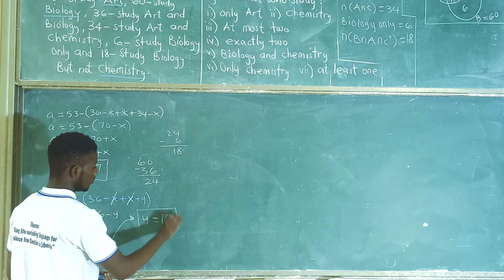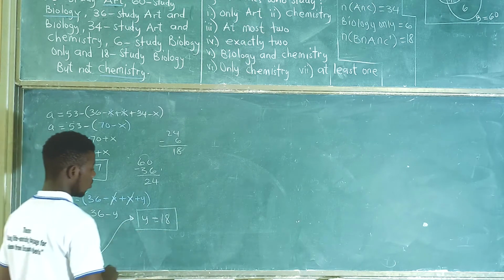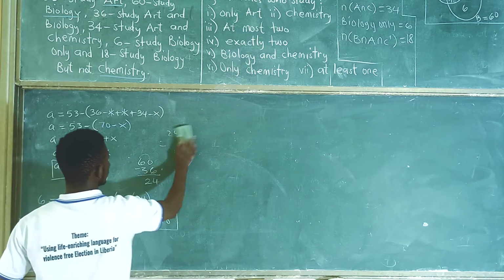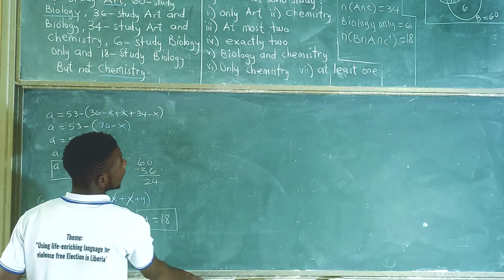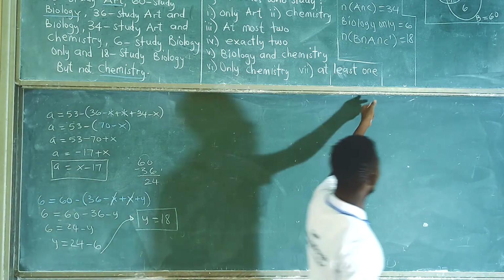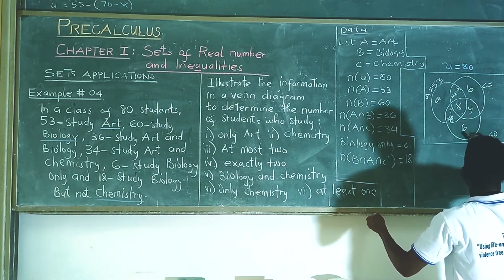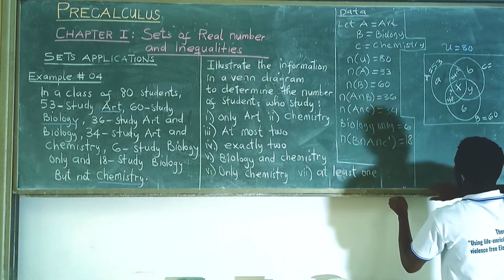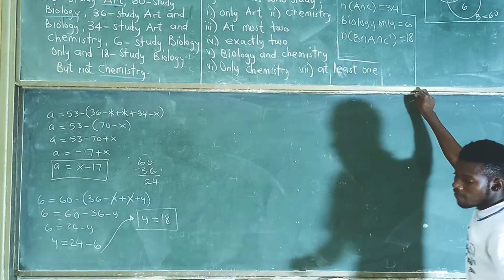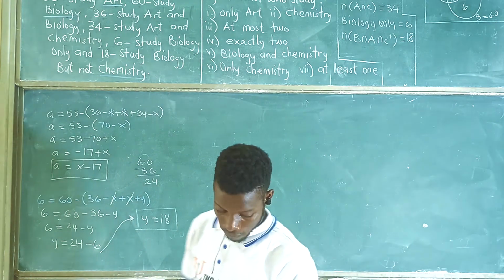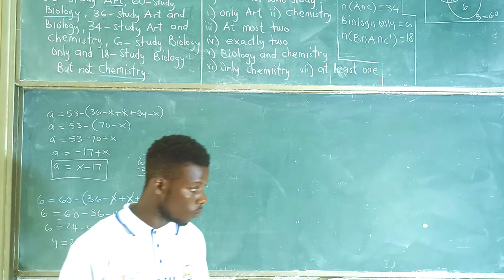So what do we know? We know the value for y, which is the number of students that study chemistry and biology. Having had the value of that to be y, what's the next thing we can do?